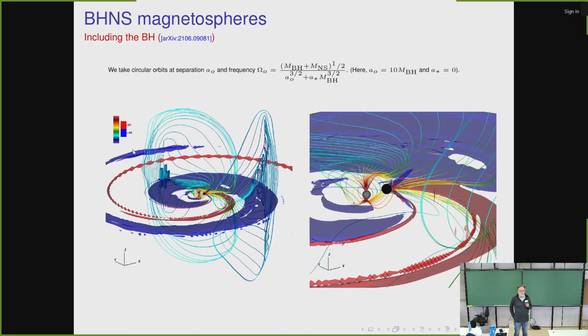The parameter space is very large: orbital separation, masses, inclinations, etc. So this scale separation, and the fact that we can focus only on the plasma, is very convenient.